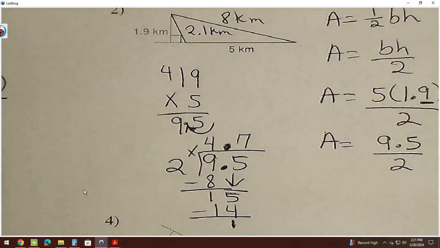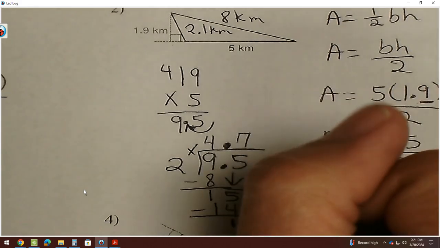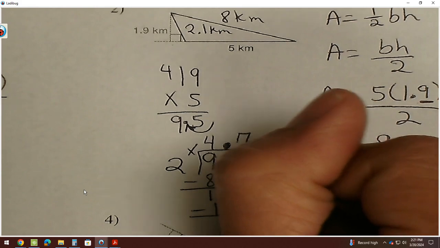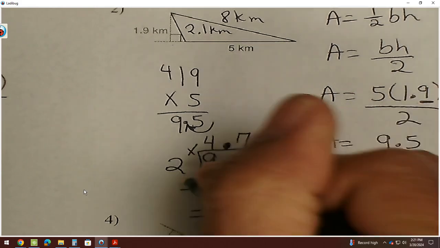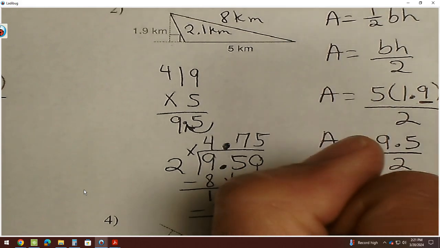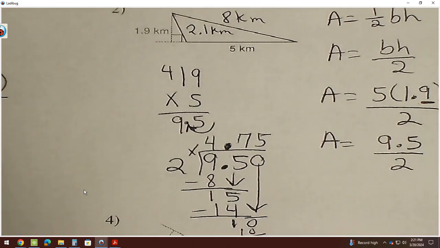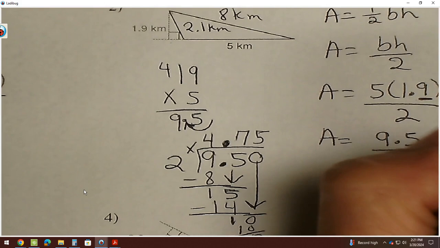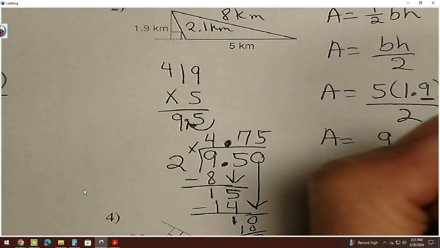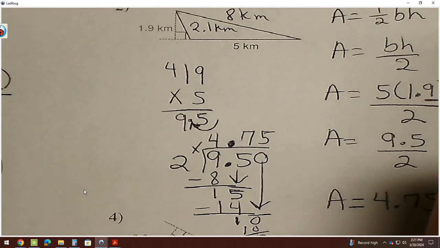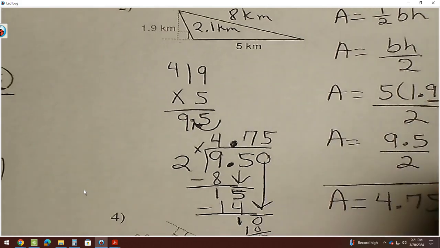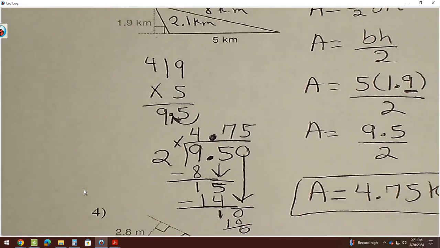And we have a remainder, we're working with decimals, so we add a 0. Now 2 times 5 gives me 10. So my final answer is that the area of this triangle is 4.75 square kilometers. That would be my answer. I would box it. I'm done.